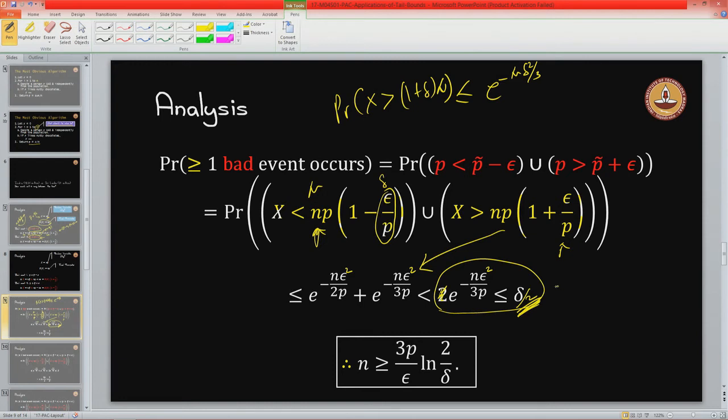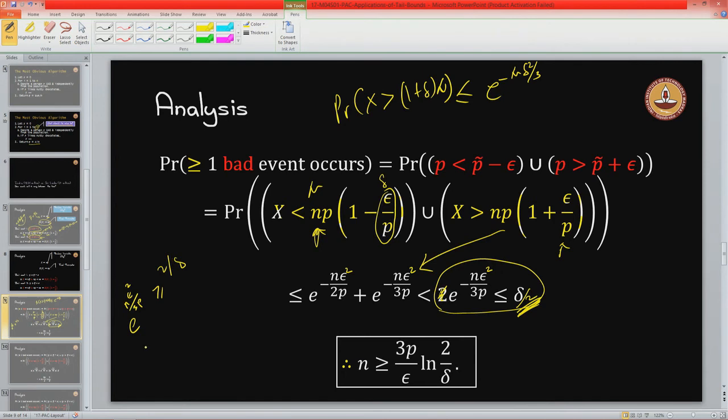Let me write it over here. So what can we do about this? I can say e to the n epsilon squared by 3p should be greater than or equal to 2 by delta. Okay, I am just taking the reciprocal on both sides.